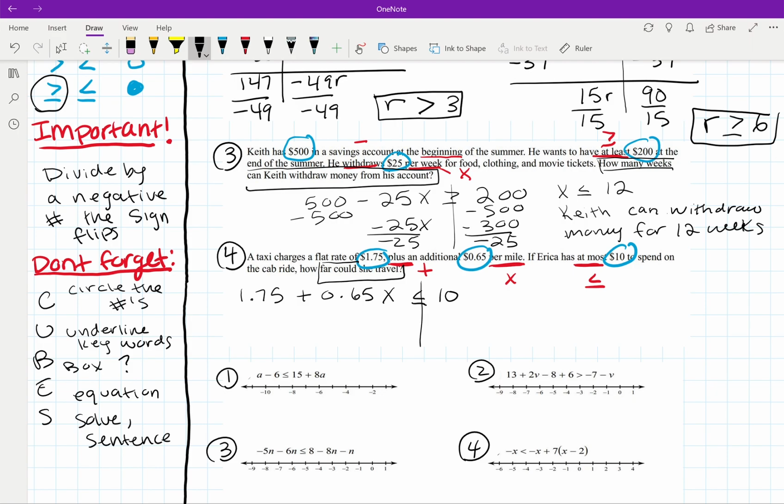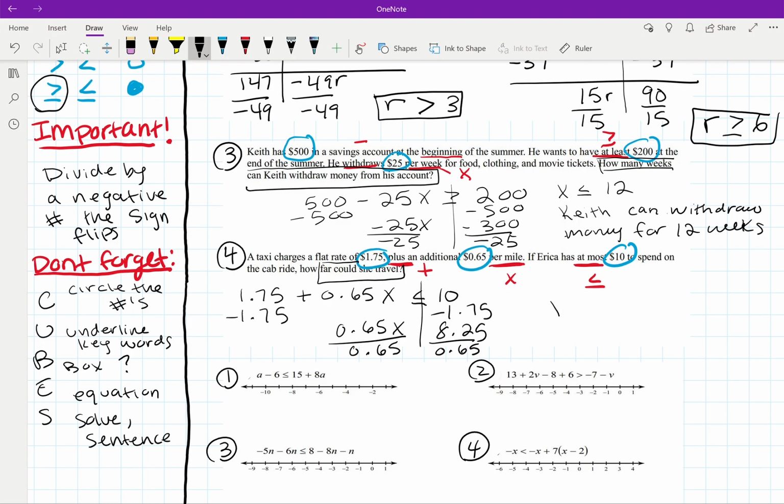When we solve this, I subtract $1.75 from 10, so $10 minus $1.75 is $8.25. So I have 0.65X is less than or equal to 8.25. When I divide by 0.65, notice I am dividing by a positive number, so my sign will not flip.